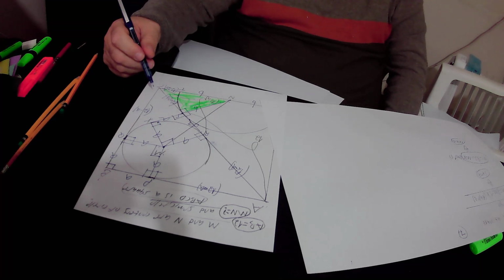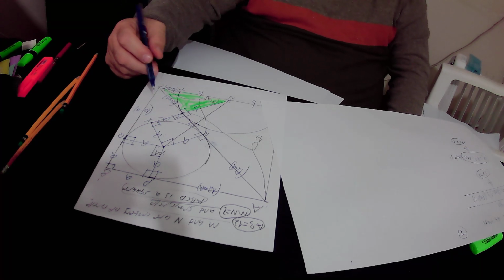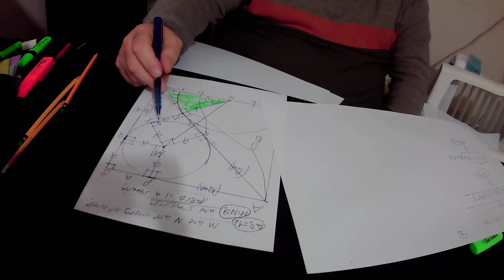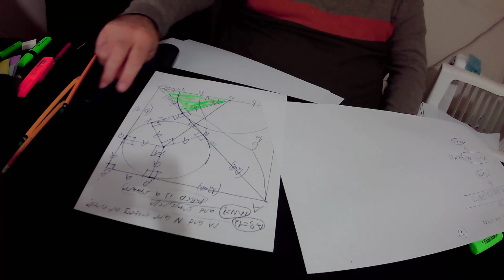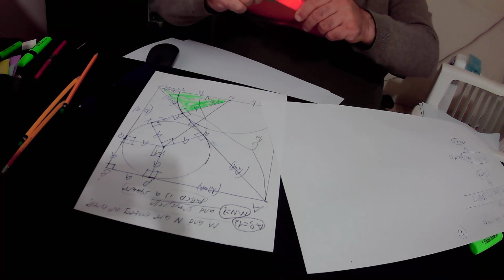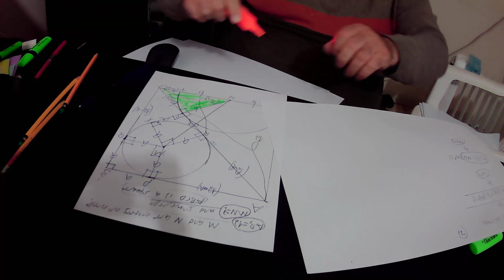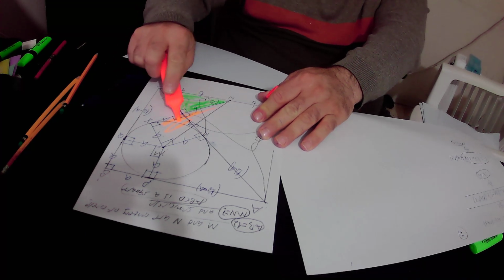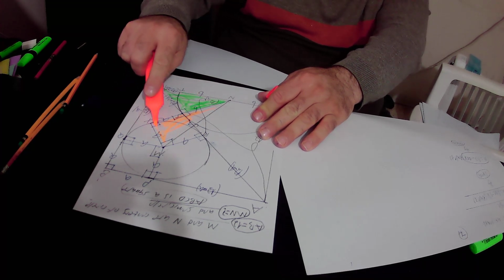And because angle MXN is a right angle, triangle MXN is a right triangle, and we will implement the Pythagoras theorem on the orange right triangle, triangle MXN.